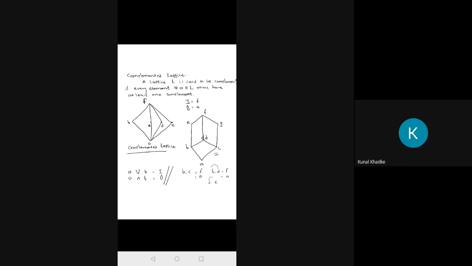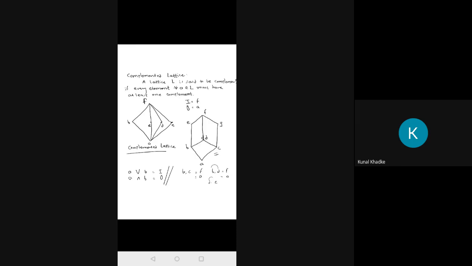Just check which elements have upper bound and lower bound as F and A. Are you going to take this much time? Come on, give me the answers now.